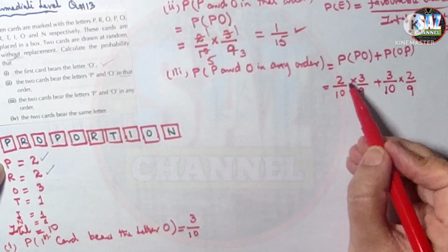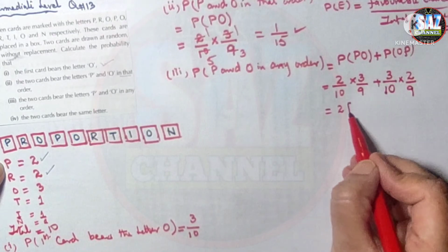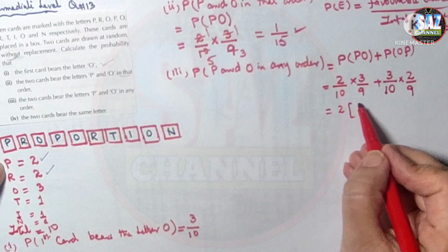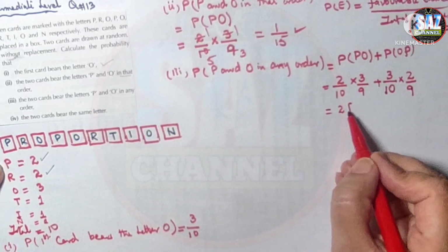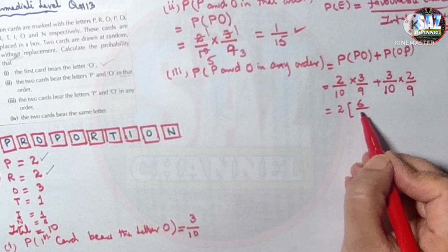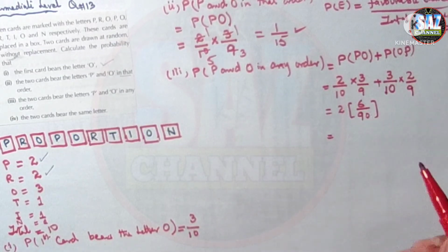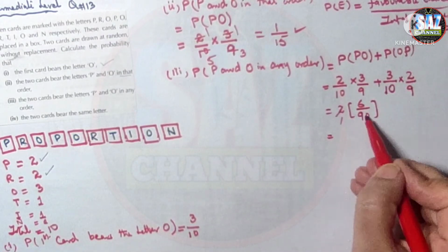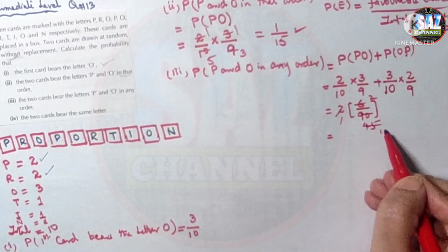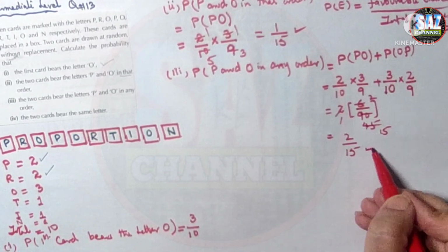You can see that both the numerators are the same, and the denominators as well, 2 into 3 by 90, 2 into 3 by 90, but I'll do it later. 6 by 90, or what we can do is, 2 ones are 2 and 3 threes are 3, so 2 by 15. So P and O in any order, the total choices are 2 by 15.